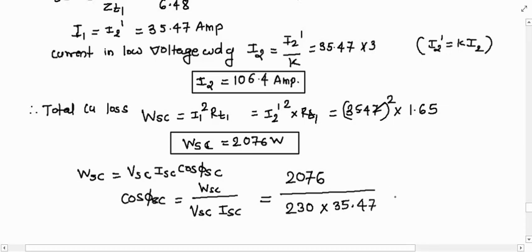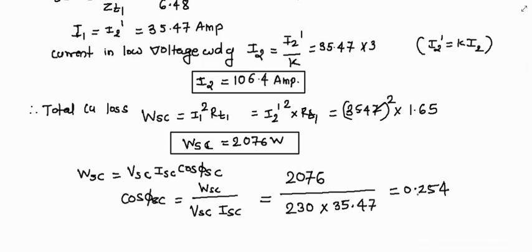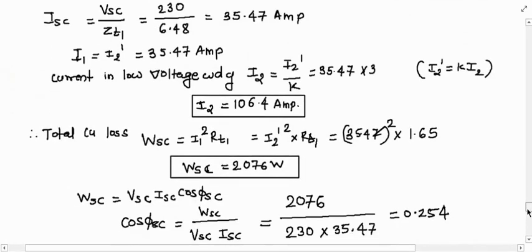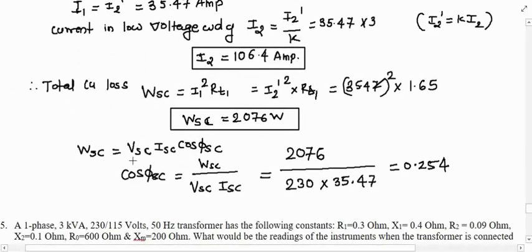So this you will get as 0.254, means my power factor at short circuit condition equals 0.254. So this is what was asked in the problem. We have to find out the power factor at this condition also. So we got the power factor.